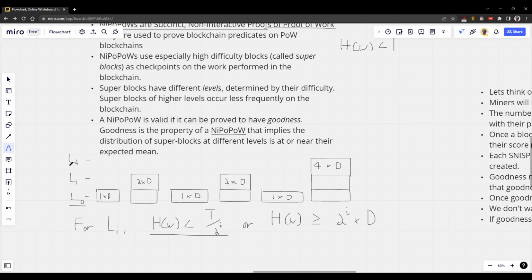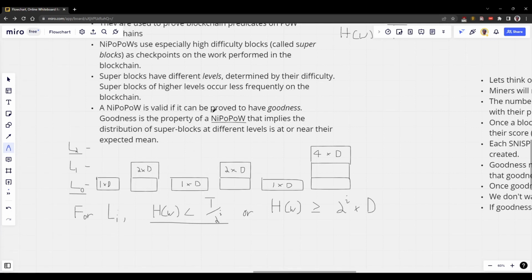Now, blocks at L2 occur 4 times less often compared to blocks at L0. This is determined by the inequality h of w is less than T over 2 to the i, where i is the level of the blockchain that you are trying to find goodness for.